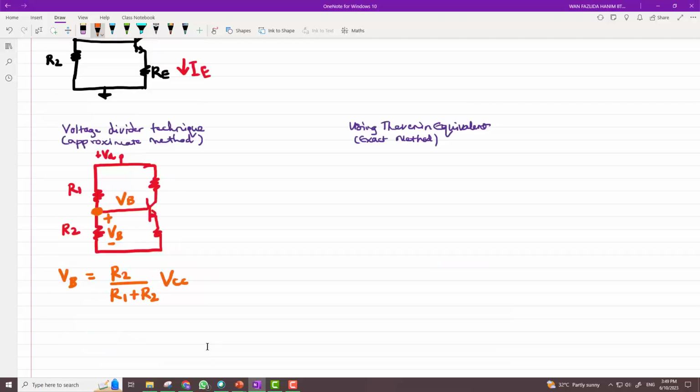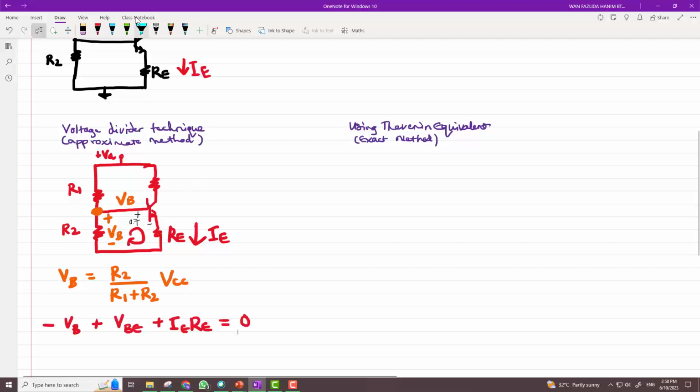Once you know VB, and we already know that VBE here is 0.7, and if we know the value of RE, to find IE I can easily apply Kirchhoff's voltage law here. VB is what we get from the voltage divider rule, VBE is 0.7 volts, and RE is given in the question, so I can find IE.